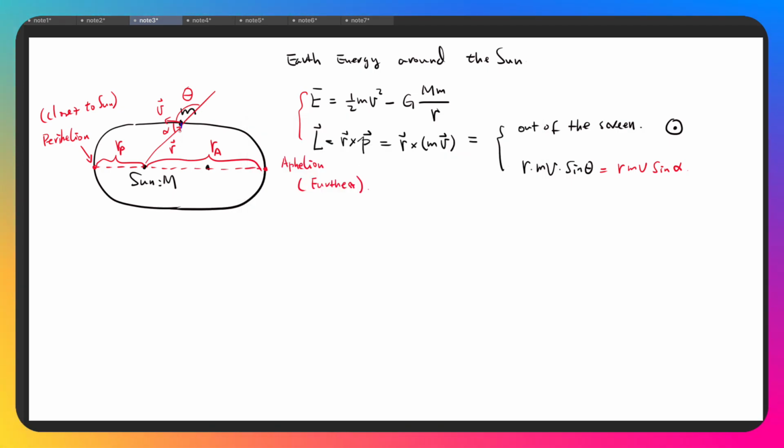So let's say here is another dashed line, the minor axis, and the red line is the major axis.